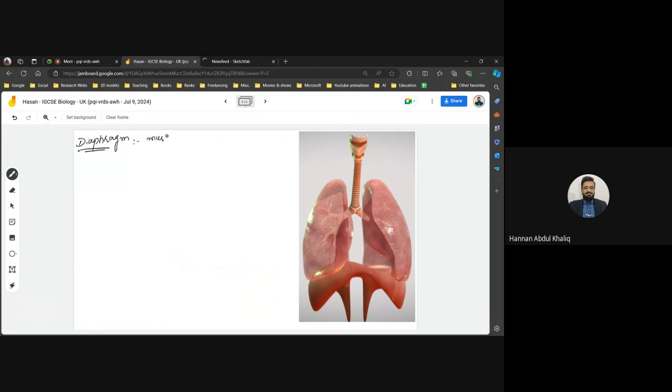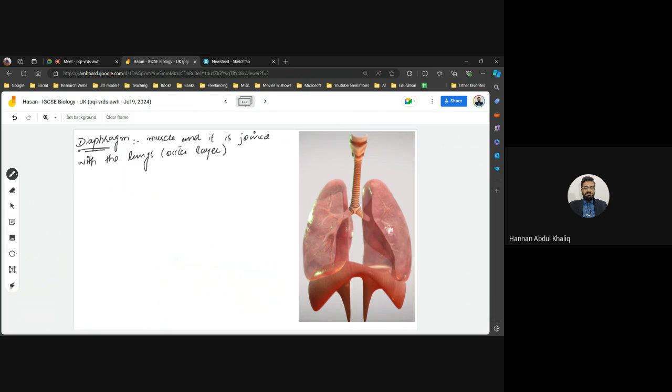It is attached to the lungs, not directly, but to the outer layer of the lungs.